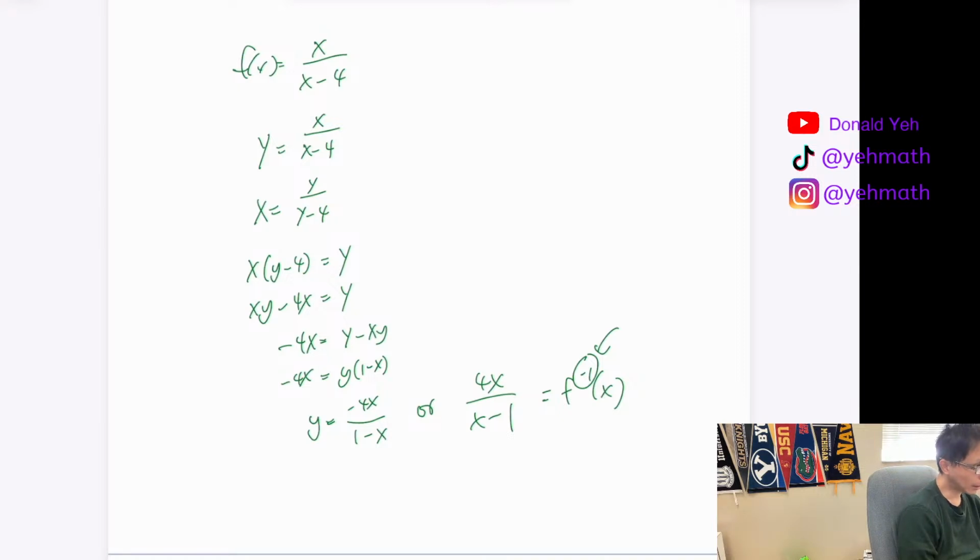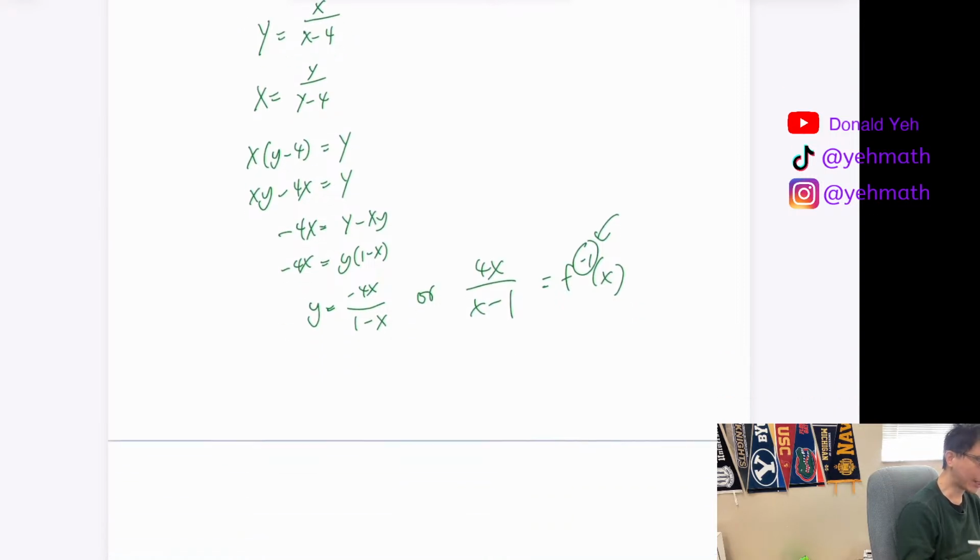All right. Here's my next question. Some basic things you need to understand is that the inverse function should have a coordinate swap.